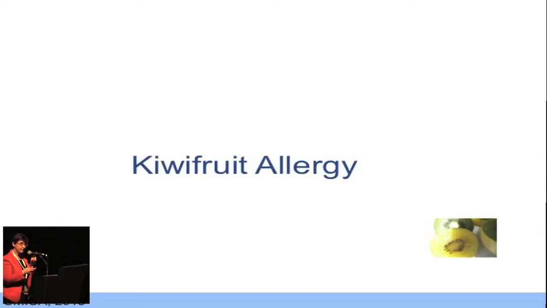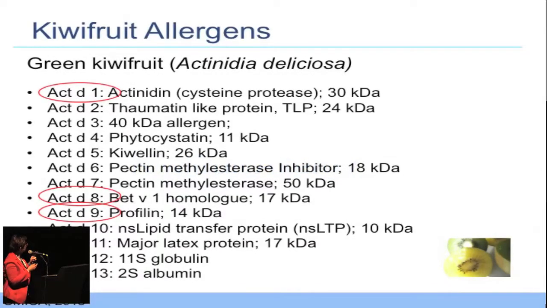And people were interested in what the culprit allergens might be in this kiwi fruit. When we have a look at the green kiwi fruit, Actinidia deliciosa, you can see a long list of allergens that has been identified so far. But we don't need all these allergens for helping us in vitro diagnosis.